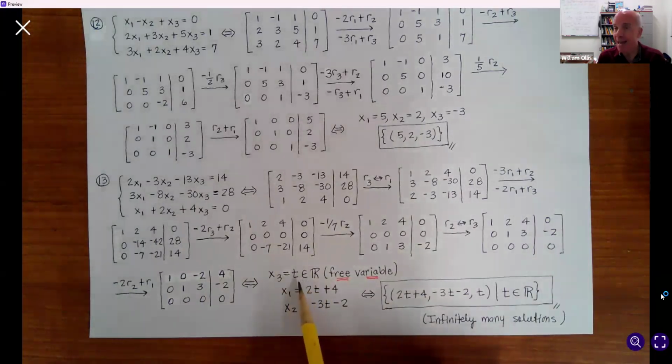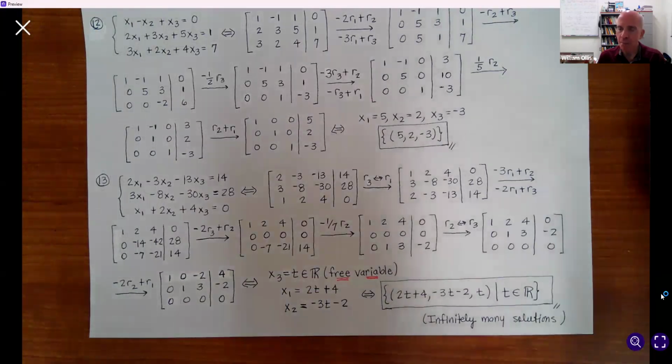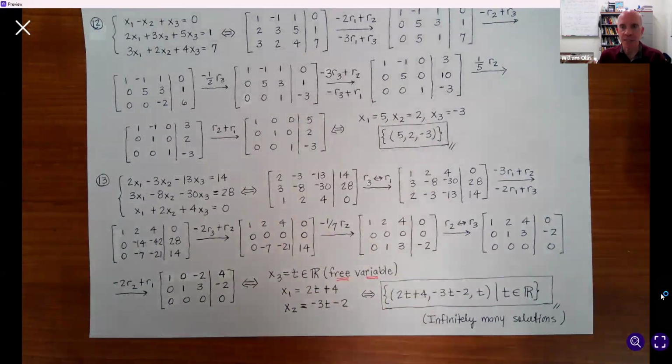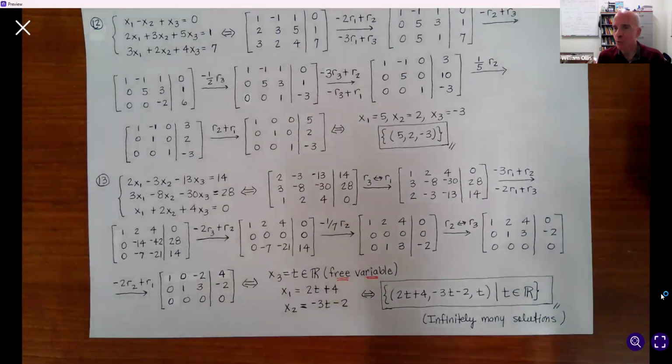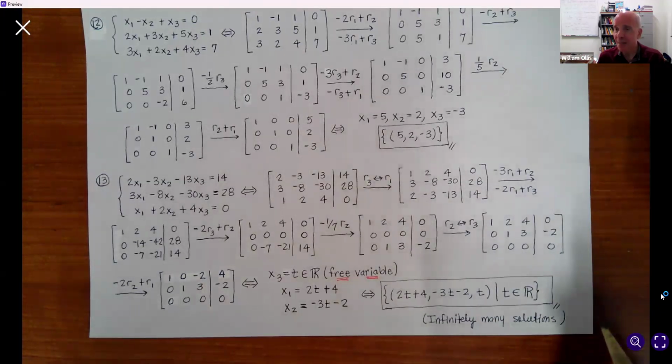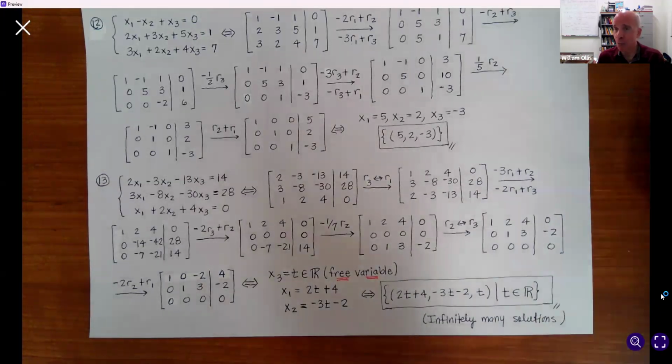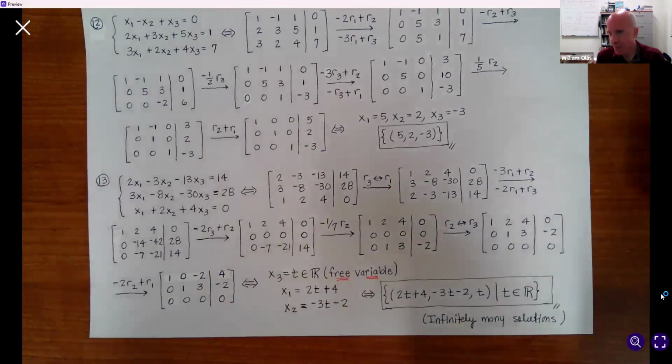We just assign it the letter t, which is not required. But in many instances, the letter T or the letter S signifies a free variable, that is a parameter. And these are very useful letters for parameters, and they tend to be used in that capacity throughout mathematics, something that has become commonplace.